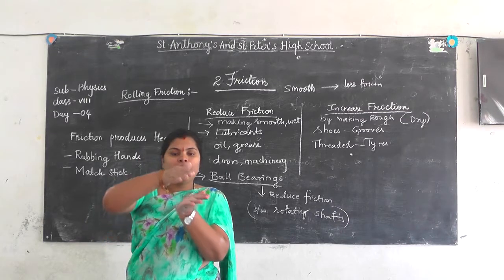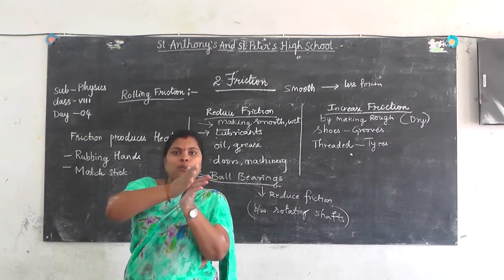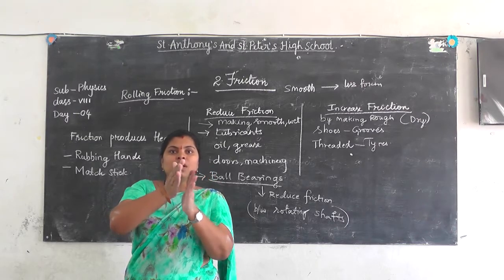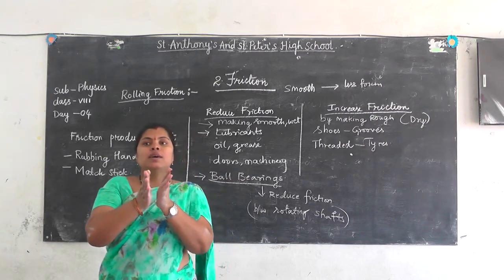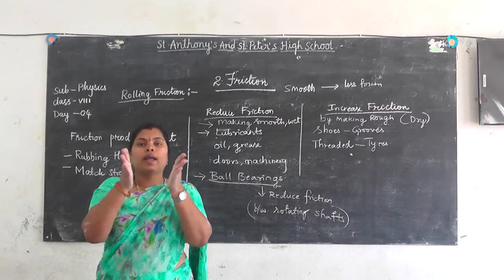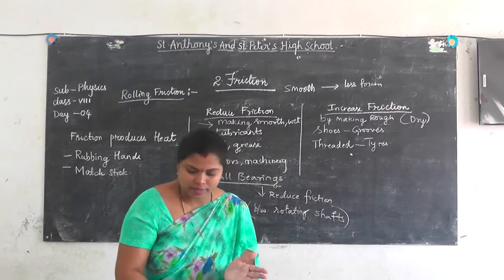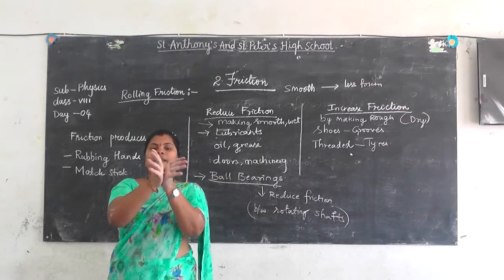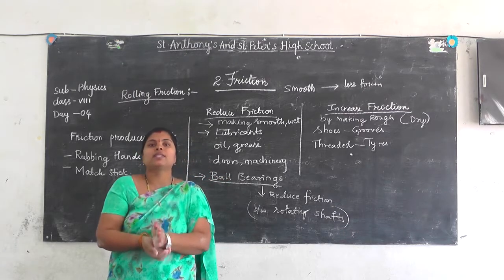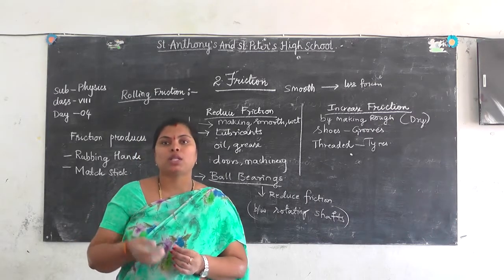When the top lid and the bottom lid are made to roll between the rotating shafts, in between you will have some balls which avoid the physical contact of the two shafts. Like if I place these balls like this, when I attach them in between the rotating shafts, we'll have some rolling objects or metal balls.